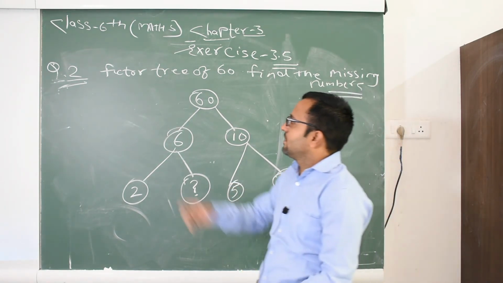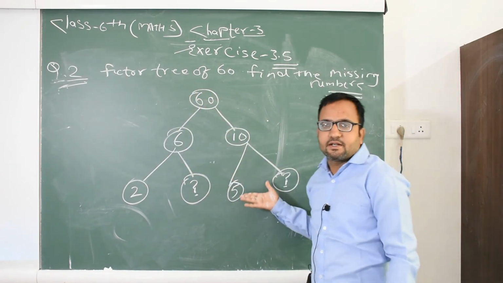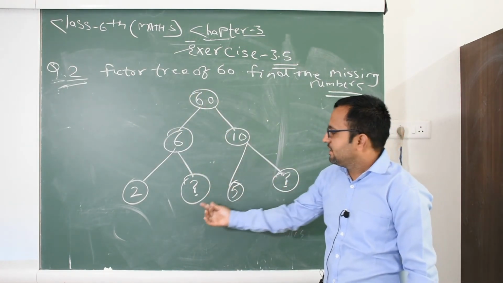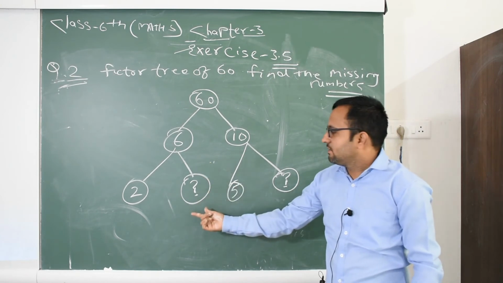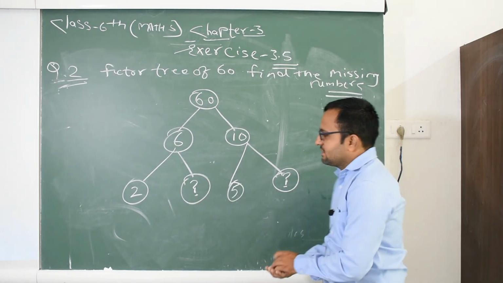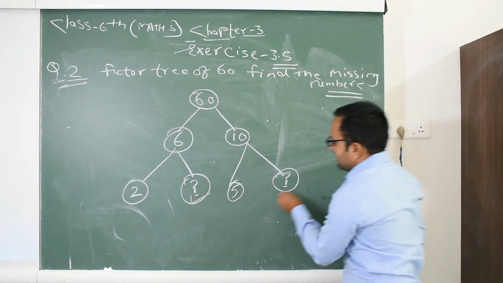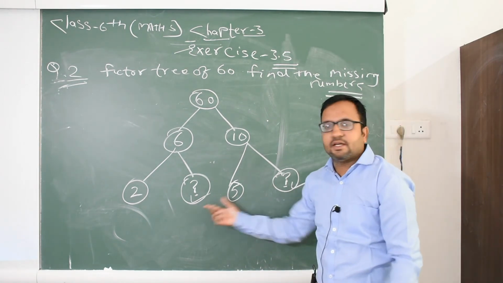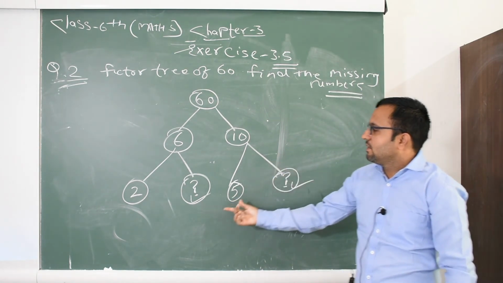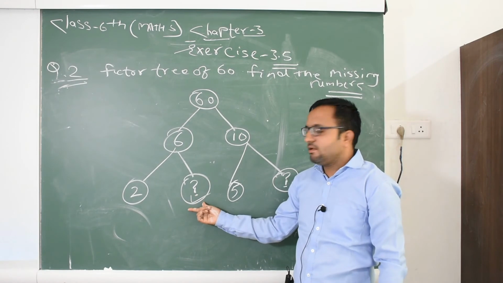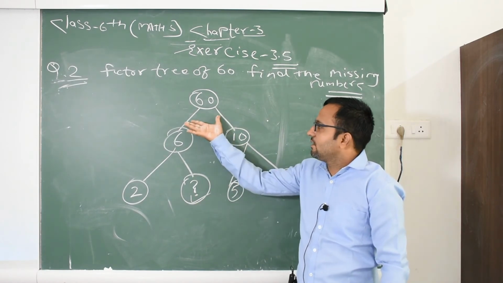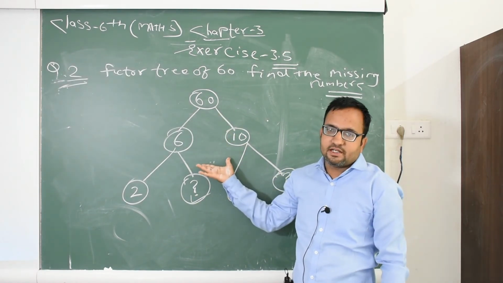Okay, so this is a factor tree of 60, but in this factor tree numbers are missing. What number will we put here? Now we complete this factor tree.